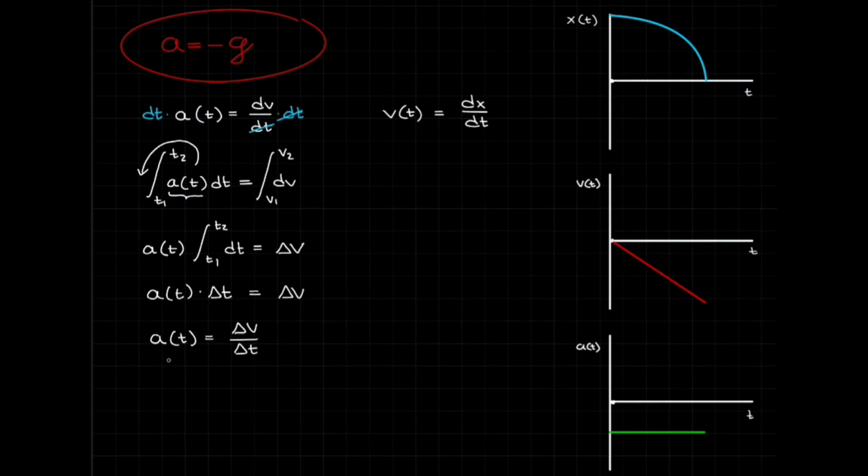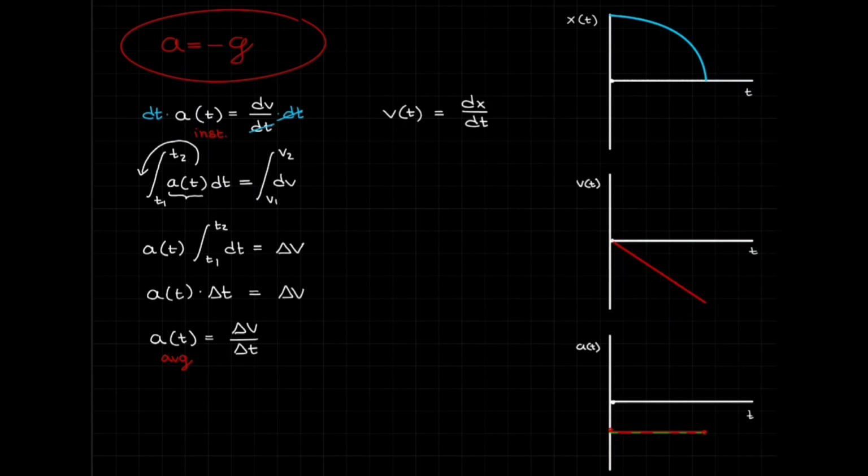So this is average, and this is instantaneous. And that makes sense. When you have the acceleration graph, the average acceleration is just the average from this point to this point. But the instantaneous acceleration at any point is just the same at any given point. So the average acceleration is the same as the instantaneous, and that's why we can write dv over dt as delta v over delta t.